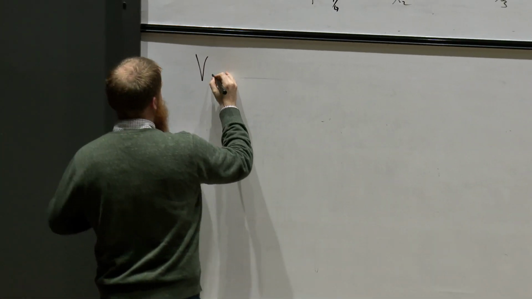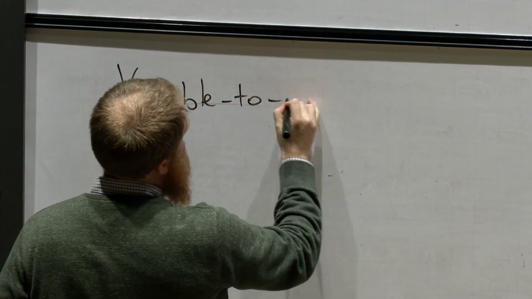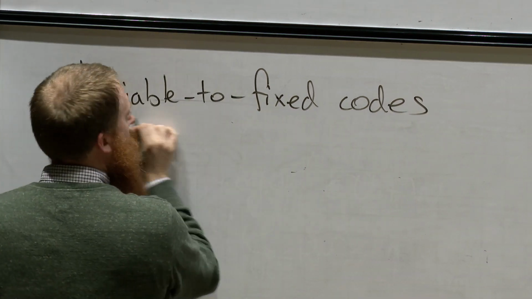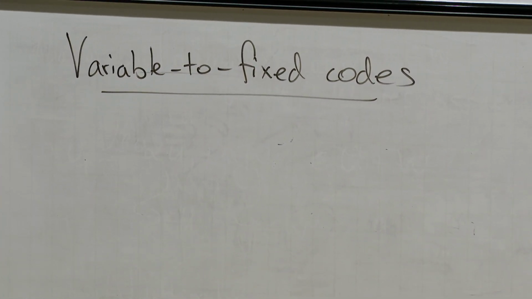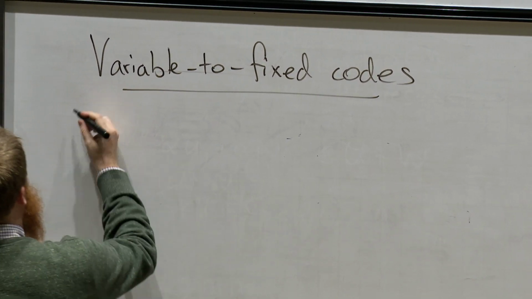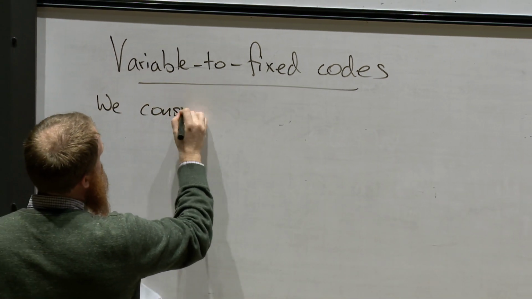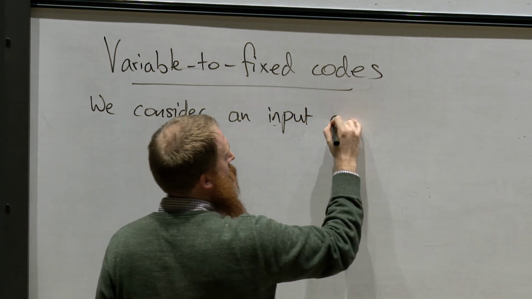So the other type of code that we'll consider are what are called variable to fixed codes. We're not going to do many of these, but we'll do one called Tunstall's code. So, what do we do? We consider an input alphabet.